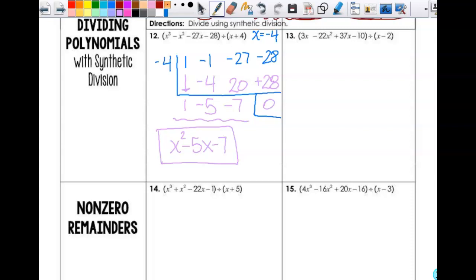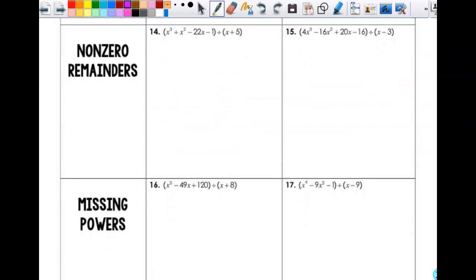Okay, good. All right, so we're going to jump to number 15. Let's see what happens when our remainder is not 0. So once again, if I have x minus 3, that means x equals 3. What I write down to go on the inside are my coefficients. So I have 4, -16, 20, and -16.